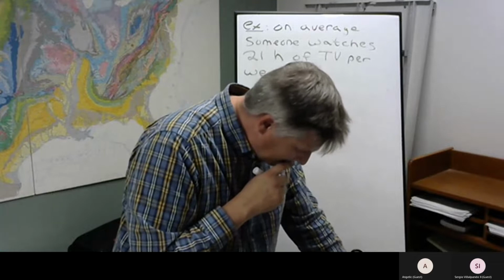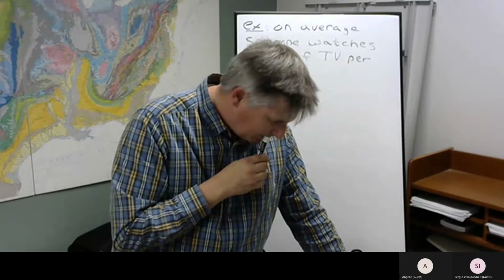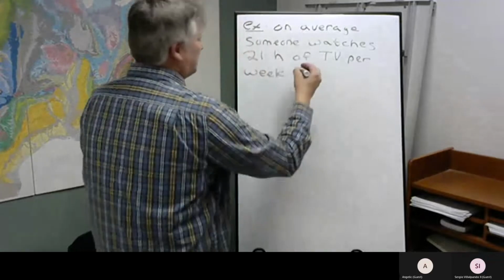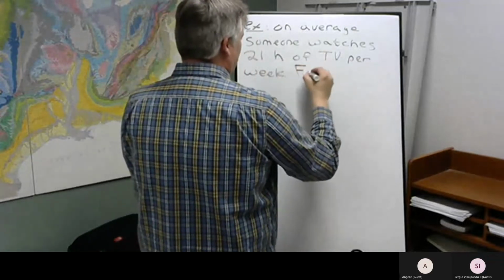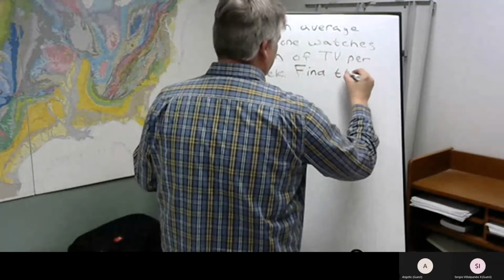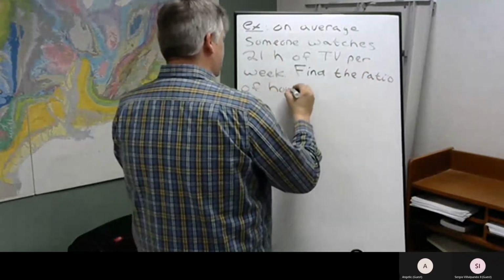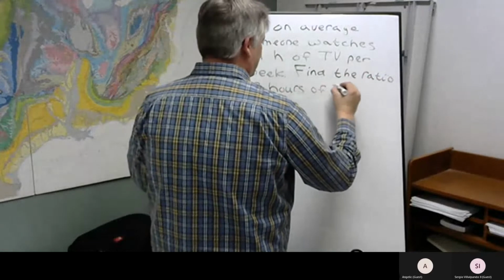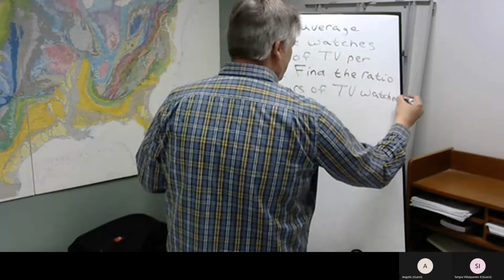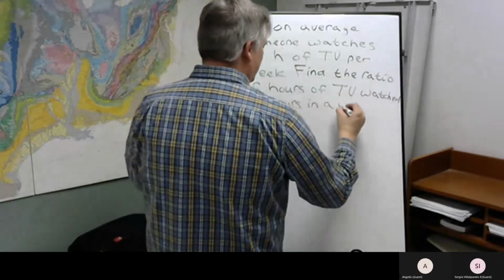Let's see. Let me see what they're asking here. So find the ratio of hours of TV watched to the hours in a week.